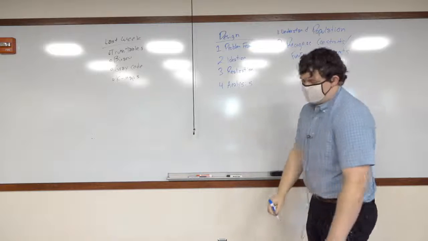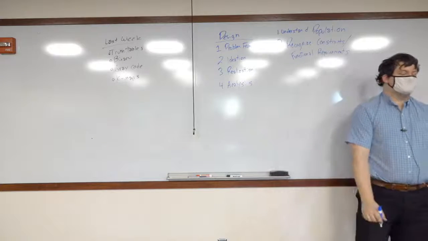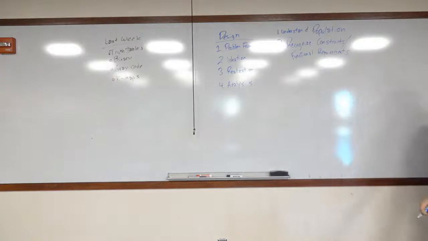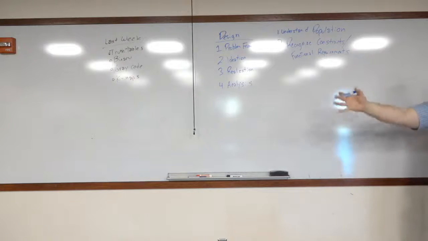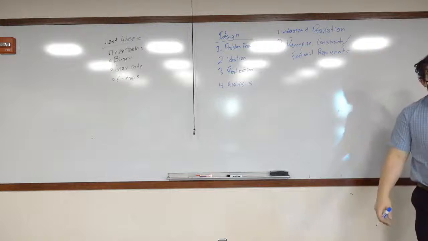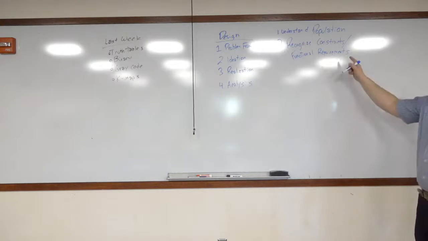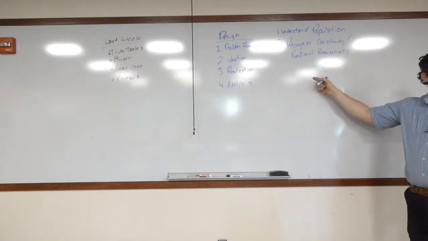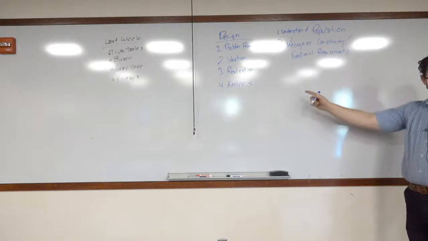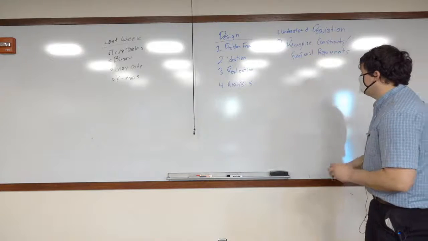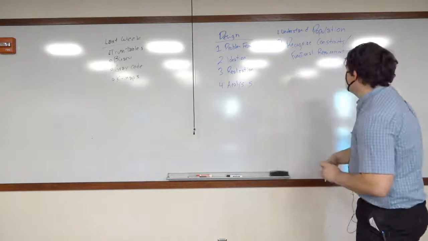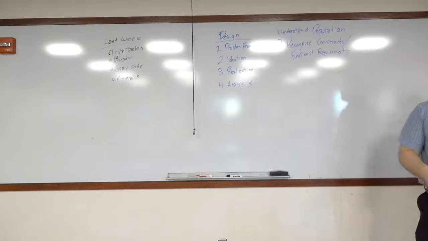For example, if I were to give you a truth table, and I say, hey, build a digital circuit that does this, that truth table is a functional requirement. It's do this. Whereas your constraint may be that it has to be on a 5-volt system.